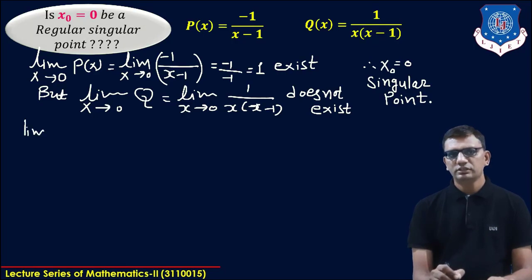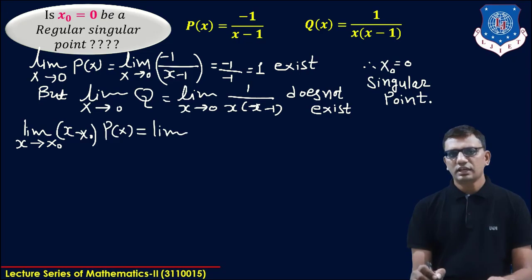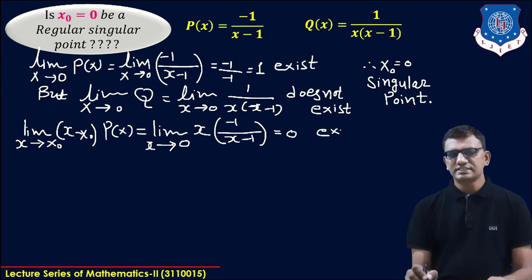Now limit x tends to x0 of (x - x0) p(x), which is equal to limit x tends to 0 of x times p(x), where p(x) is -1/(x-1), that is equal to 0, which exists.